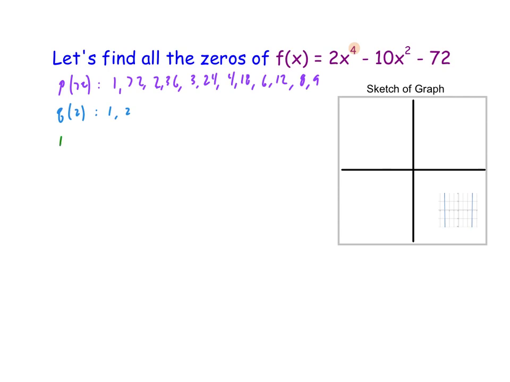Alright, so we actually got a pretty decent sized list here for p divided by q. Don't forget your plus or minus. So I'd have 1, 72, 2, 36, 3, 24, 4 and 18, 6 and 12, 8 and 9.